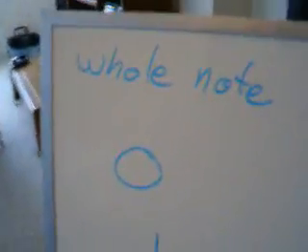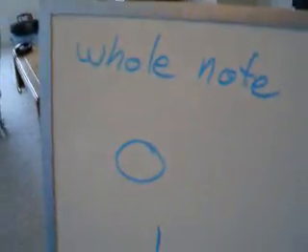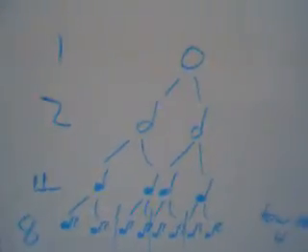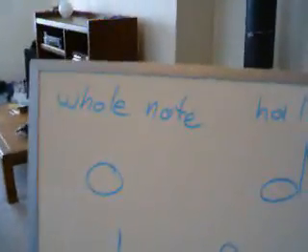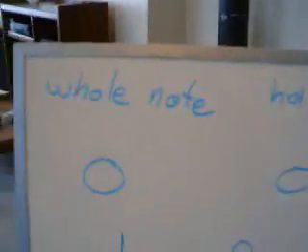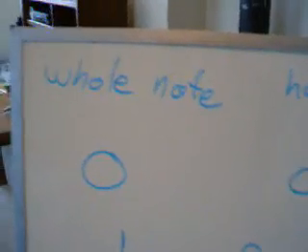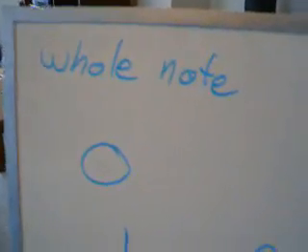Okay, so now you know what they look like, but what do they do, right? I've drawn this little chart down here that looks like a whole big mess, but it's actually pretty simple when you think about it. All these different notes up here, they each have a different set value. Think of it as a set amount of time that you're supposed to hold the note for on the piano.